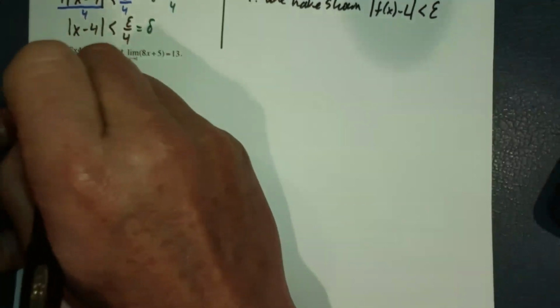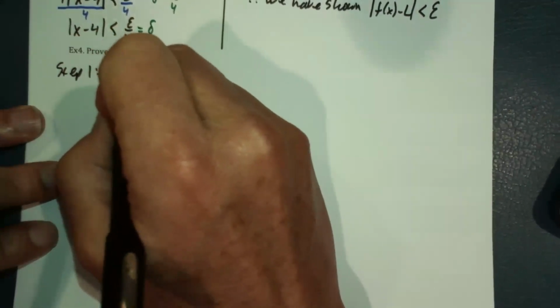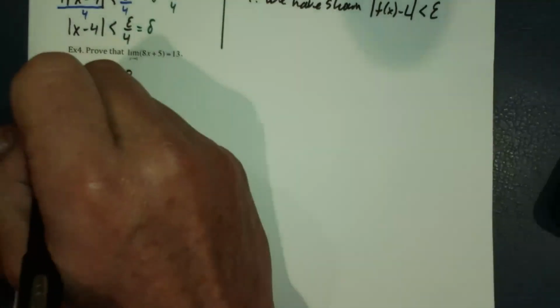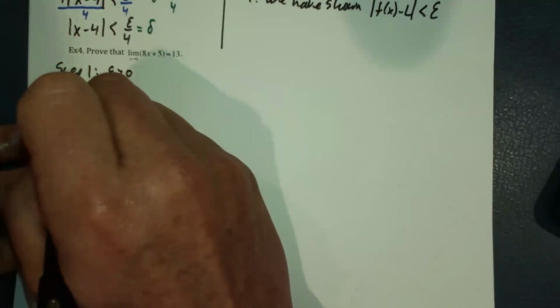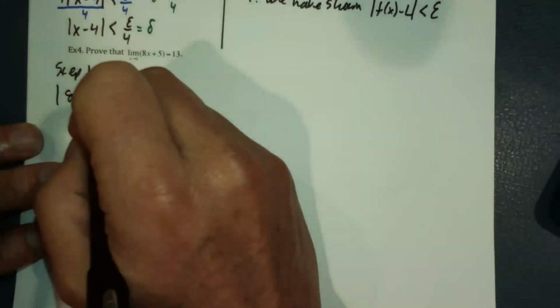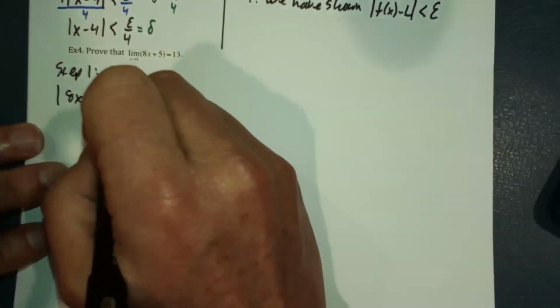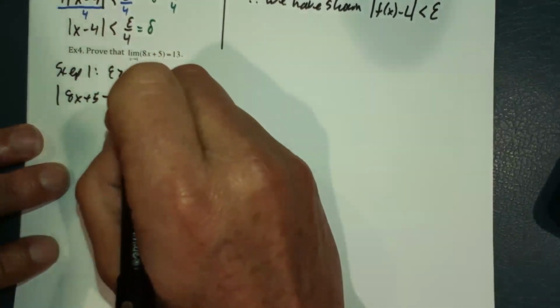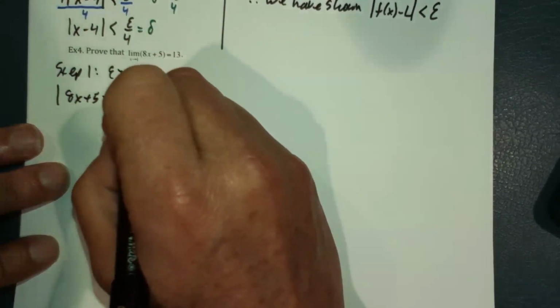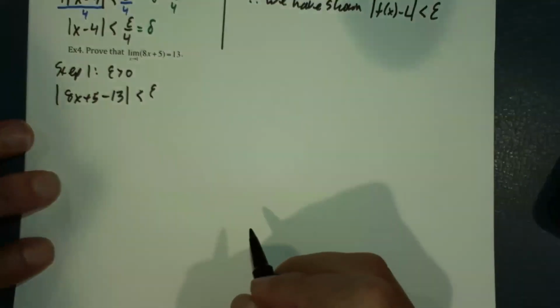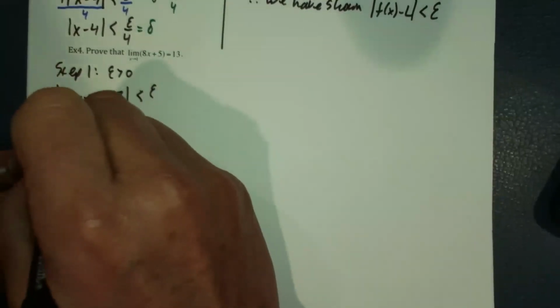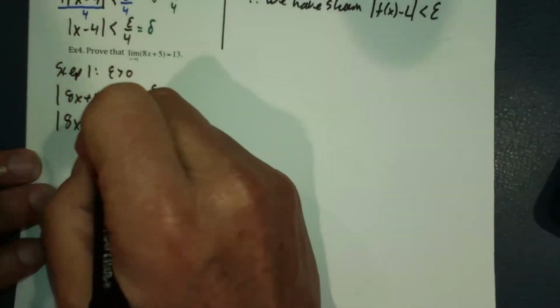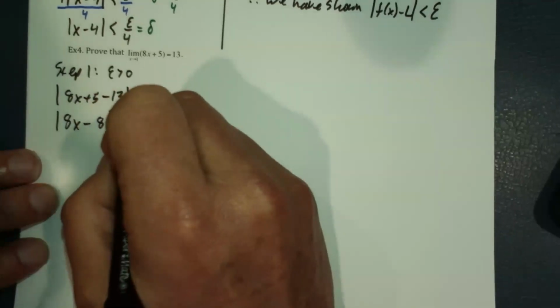So let's do our step 1. Again, we're going to assume that epsilon is positive. I'm going to take f of x, which is 8x plus 5 in this case, minus L, which is 13 in this case. And so we're looking for our delta. And so this should be less than epsilon. This becomes 8x minus 8 less than epsilon.